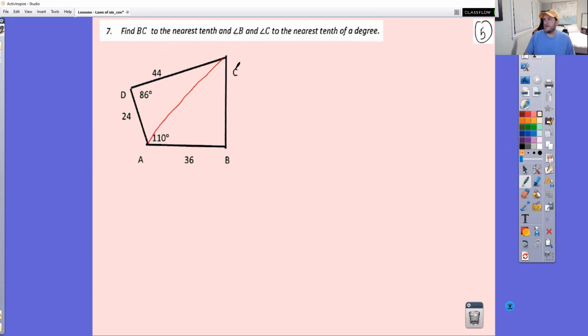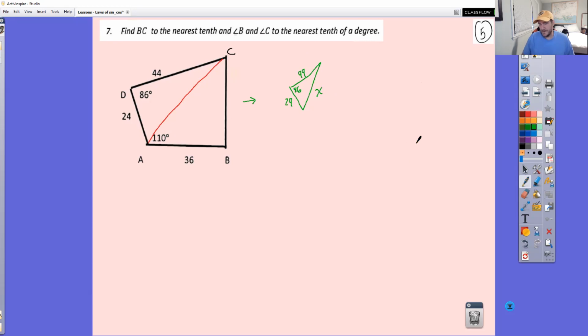It's such a stupid place for it. Okay, get that C out of here. Put that C there. And so by making that first slice, we basically now are just dealing with this little triangle, triangle DAC, where this side is 24, this side is 44, this angle is 86, and we're trying to solve for segment AC, which I shall call X.